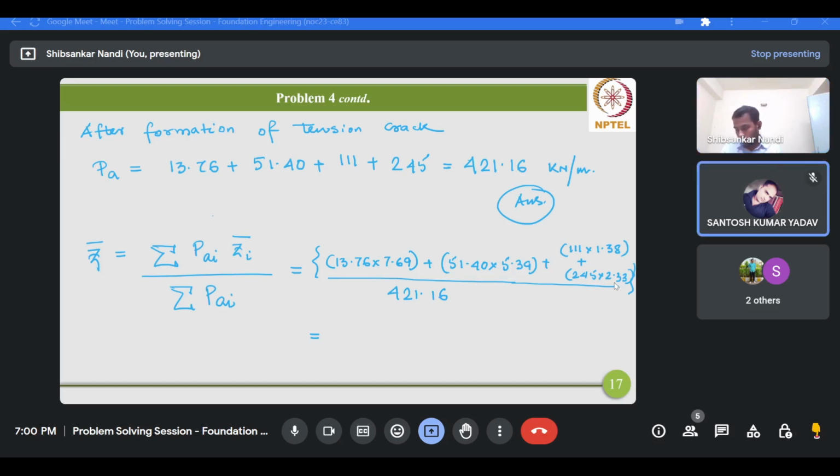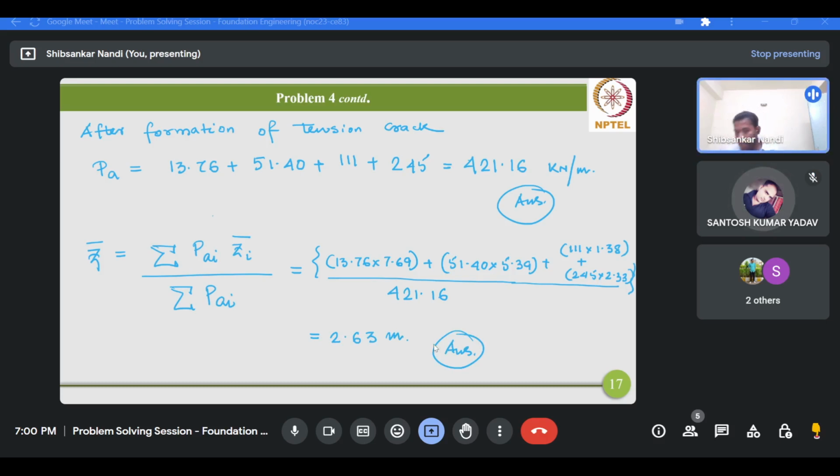So 2.62 or 2.63. This is the answer for component B.